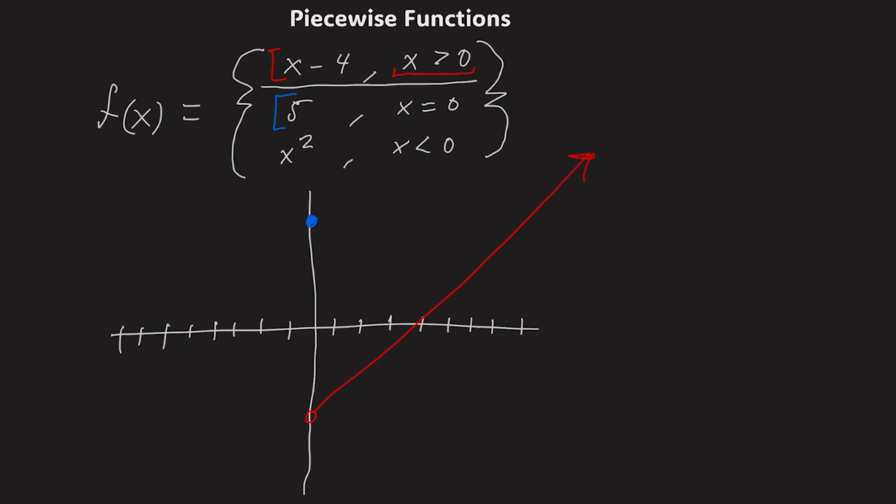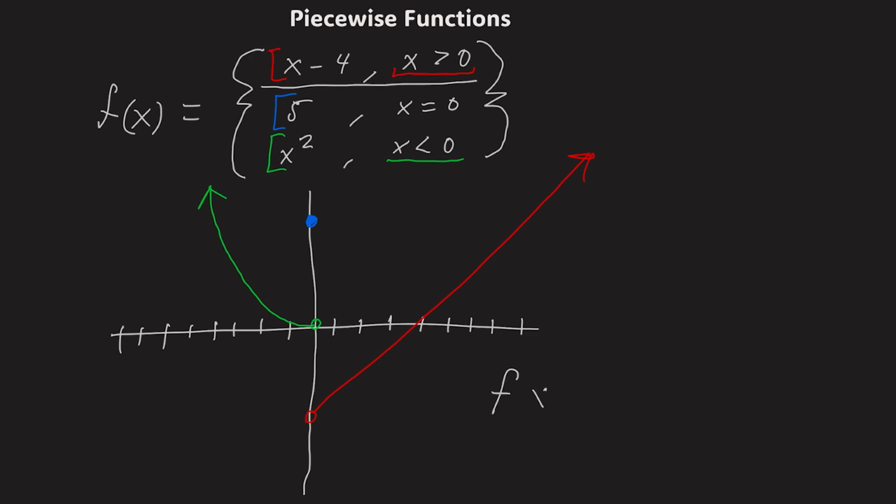Next, let's draw the bottom portion of our piecewise function, and that would look a little something like this. And that would continue going on. And this right here would also be represented by an open circle, again because we are dealing with a less than sign, not a less than or equal to sign. So now that we know how to graph it, let's understand what exactly is going on here mathematically or algebraically.